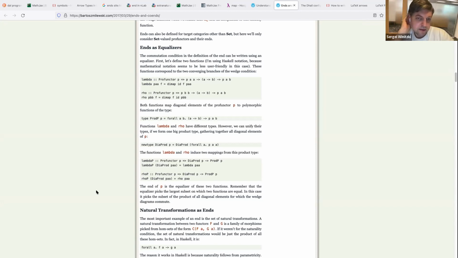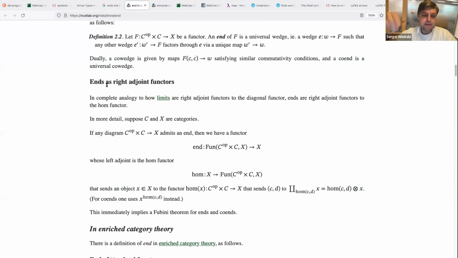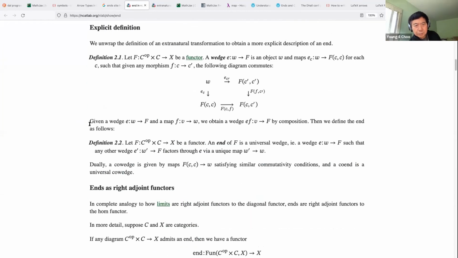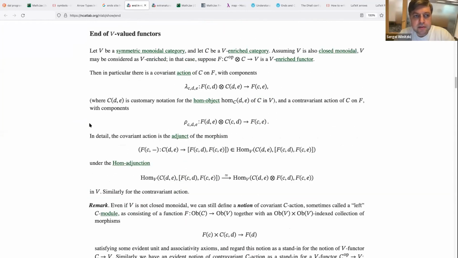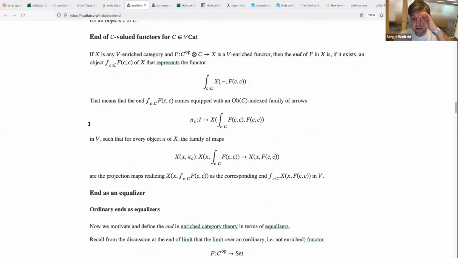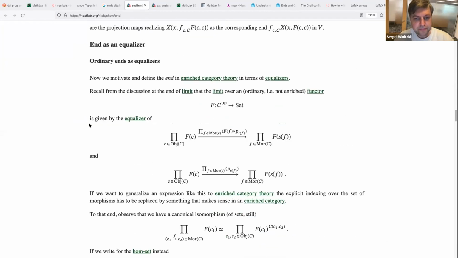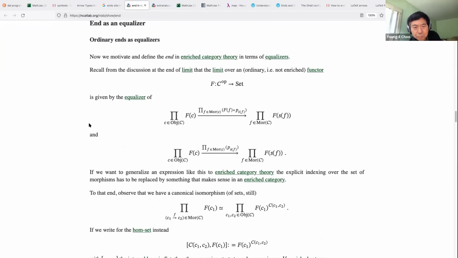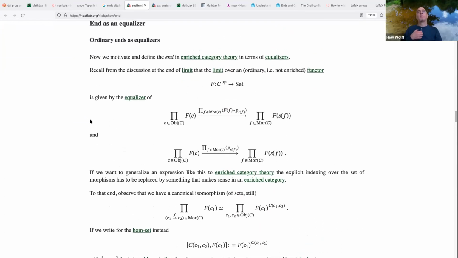I would be much happier if this were written not in Haskell, but in some type notation that makes forall and exists more clear. This is murky. I don't think I ever understood this.